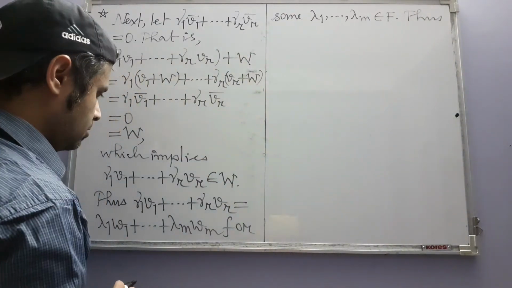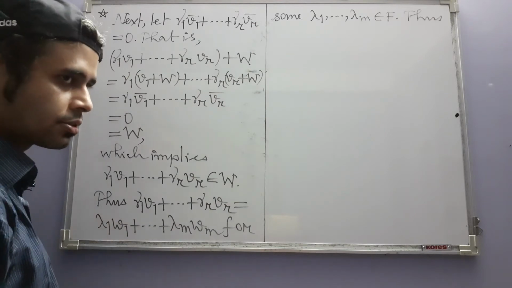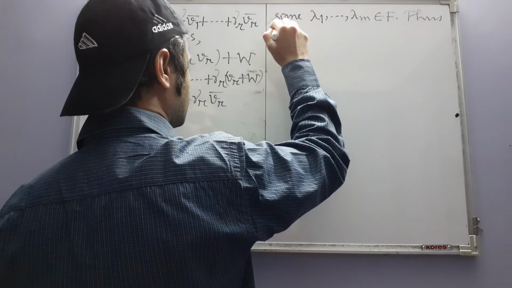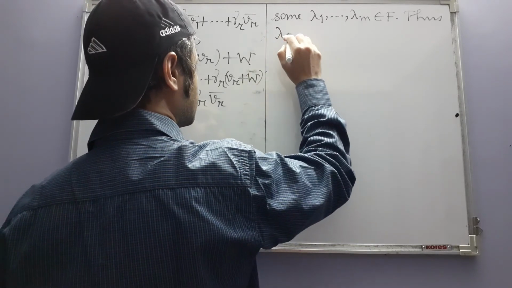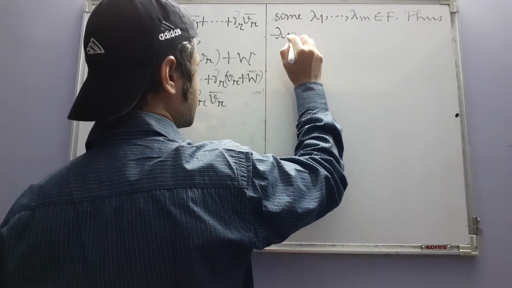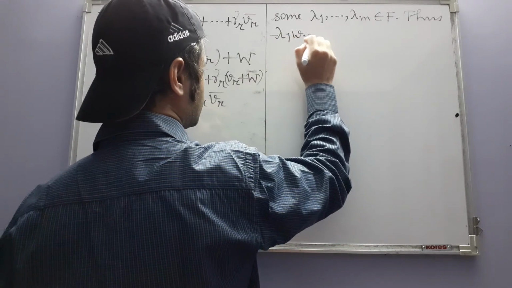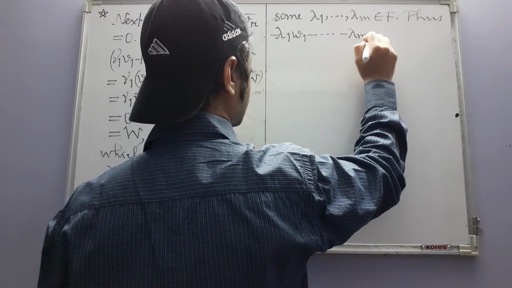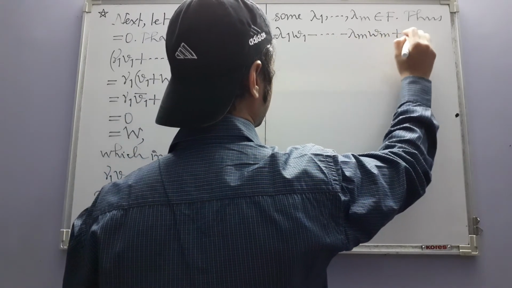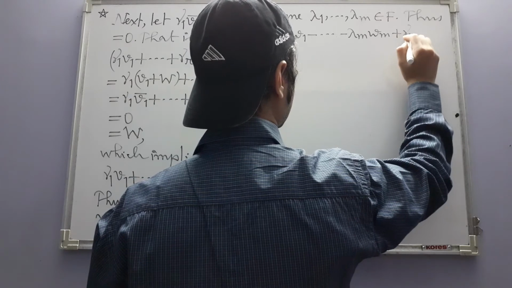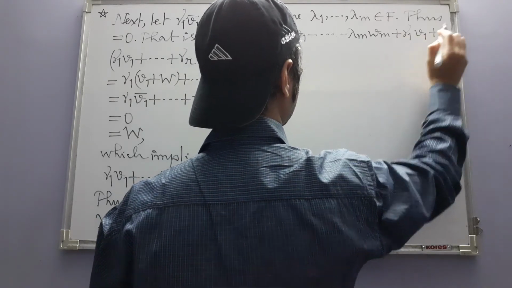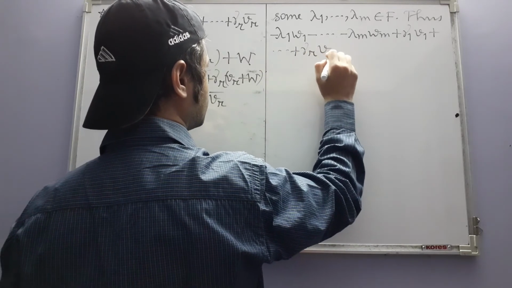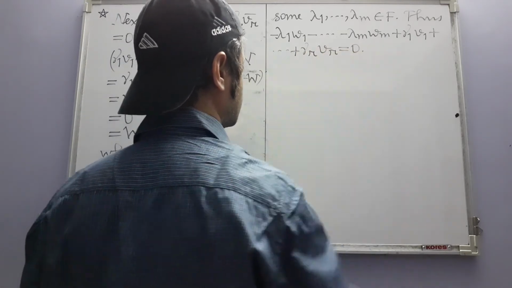Thus, we can now take all things on one side and write this entire thing as minus lambda 1 w1 etc minus lambda m wm plus gamma 1 v1 etc plus gamma r vr equal to 0.